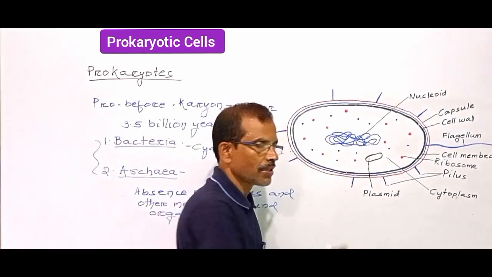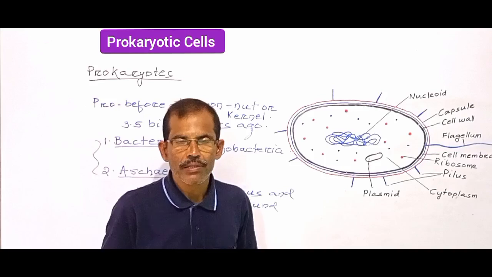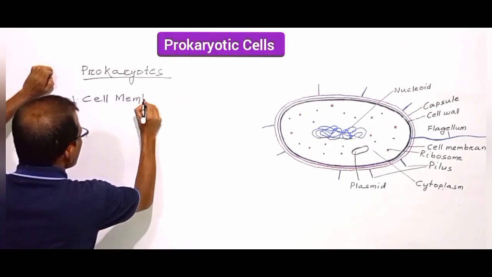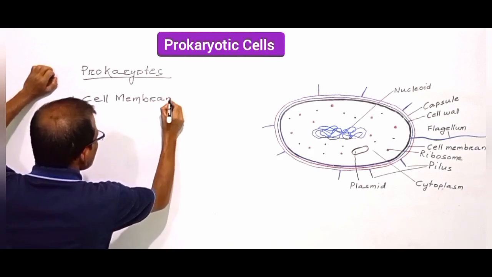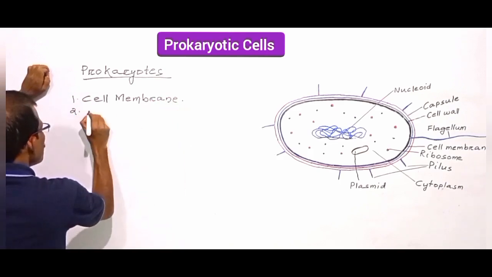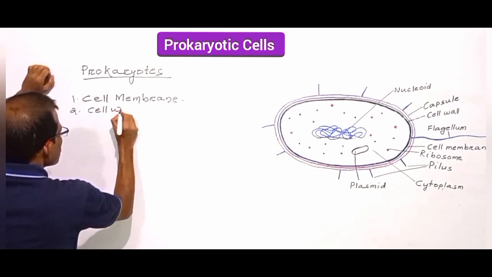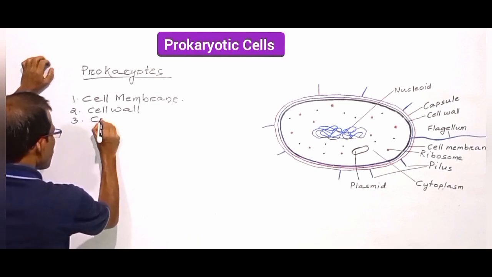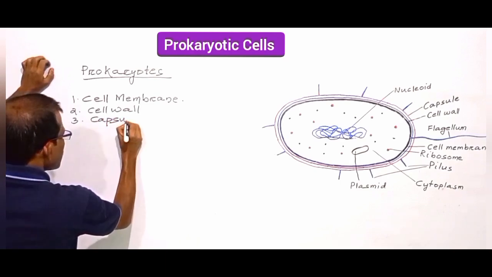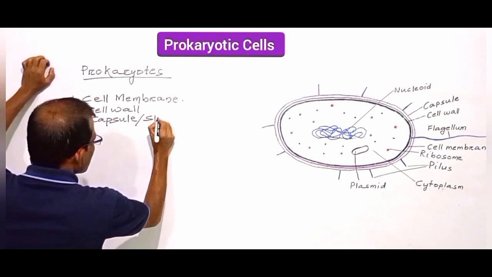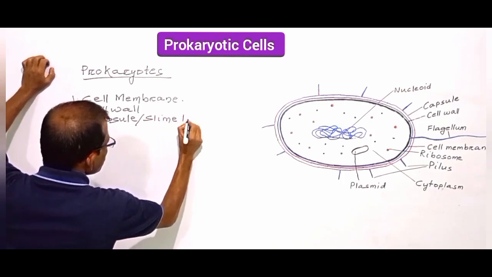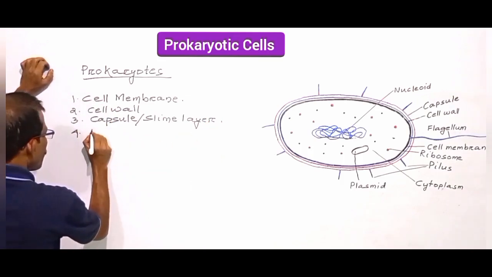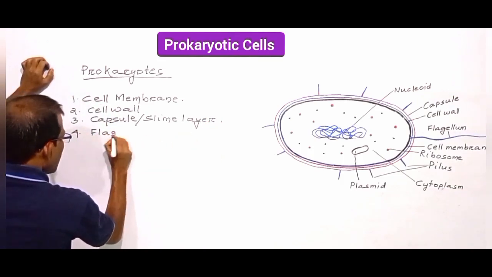This figure shows the structure of a prokaryotic cell. These cells have several components. Number 1, cell membrane. Number 2, cell wall. Number 3, capsule and slime layer. Number 4, flagella.